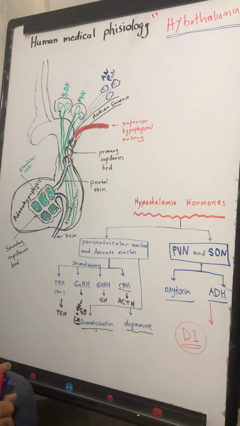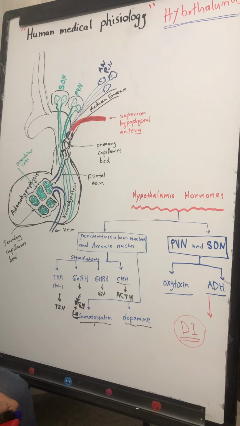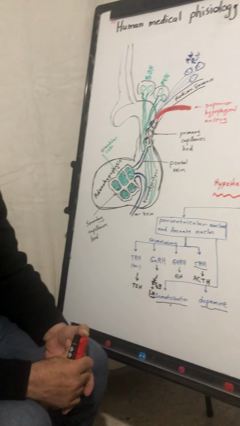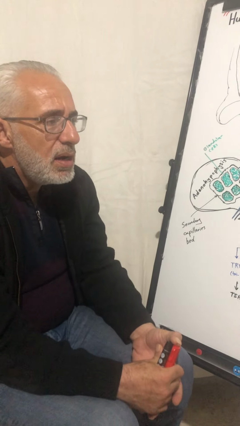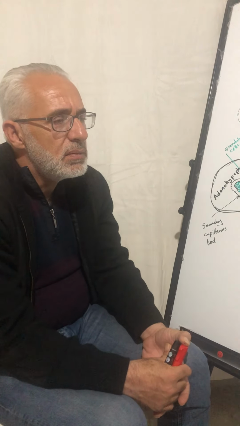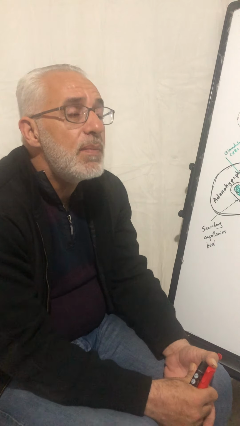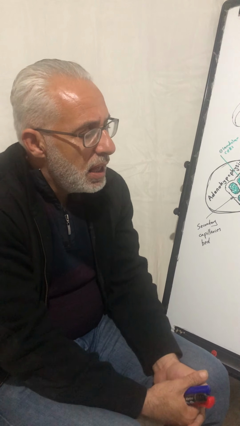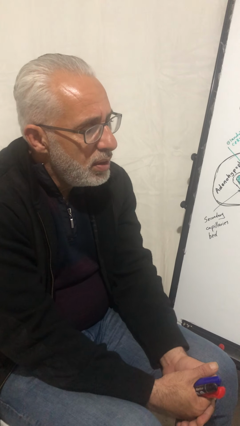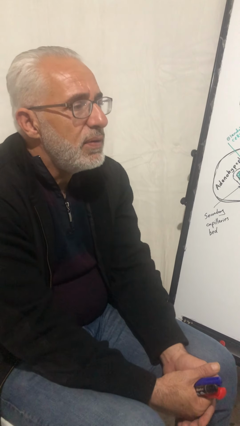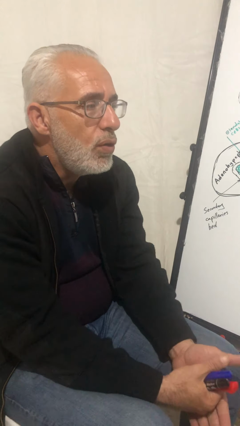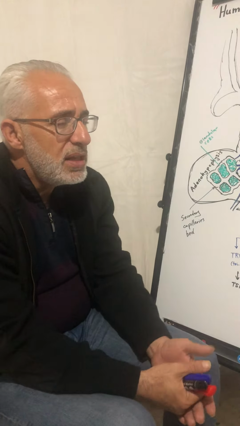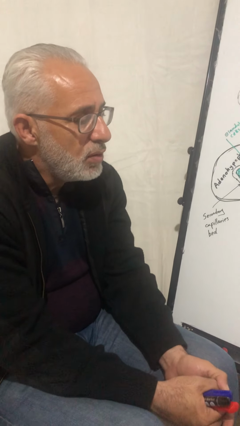Another clinical disorder related to antidiuretic hormone is when there is inappropriate release of antidiuretic hormone. For example, when there are ectopic tumors, especially some lung tumors that uncontrollably release antidiuretic hormone that will cause excessive reabsorption of water and dilution of the plasma that will lead to hyponatremia and seizures and convulsion.